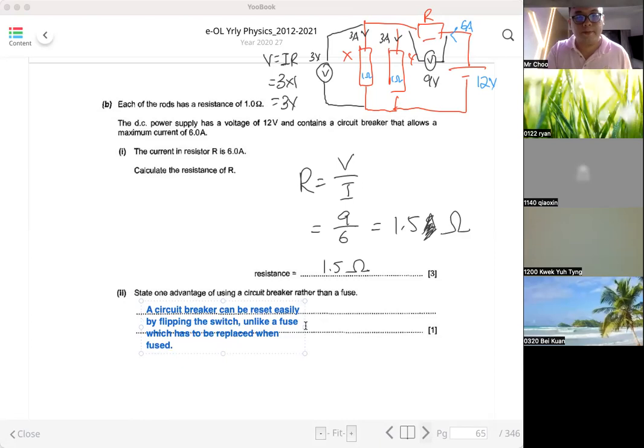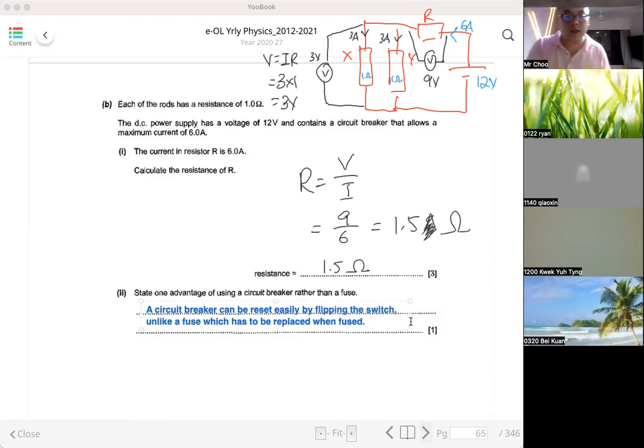Is that clear? So for a circuit breaker, you can reset easily by flipping the switch, whereas a fuse, you need to replace it when it burns. Is that clear?